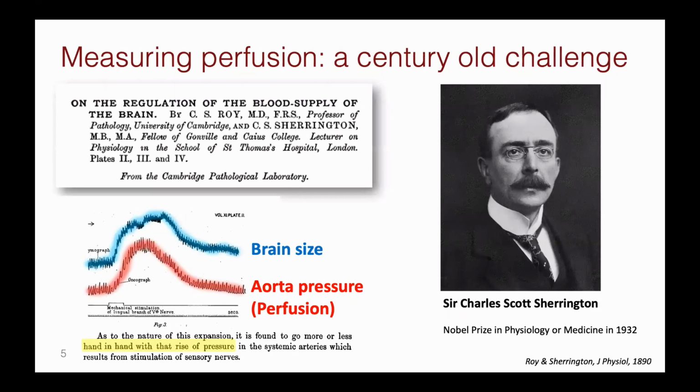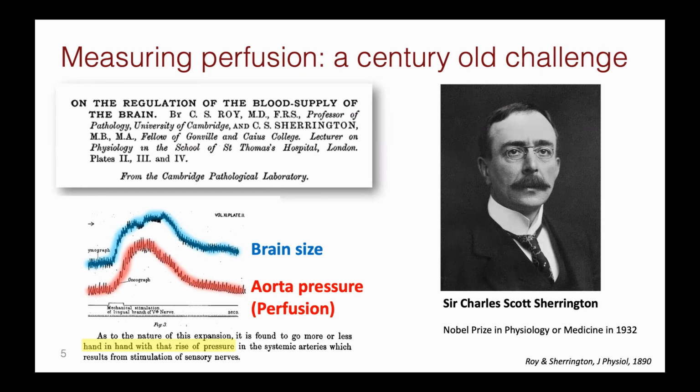Well, actually, the same question was asked more than a century ago by a group in Oxford, where this is actually the first account of measuring perfusion by Dr. Charles Scott Sherrington's group, who reported some remarkable work on how perfusion responded to functional activities in the brain.